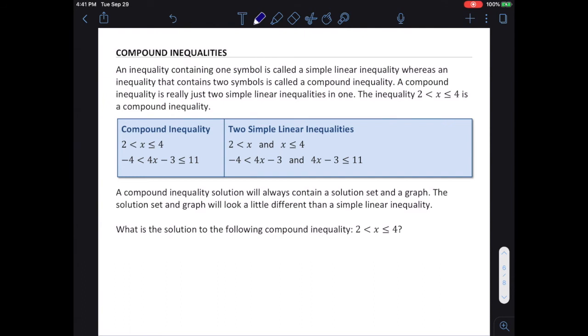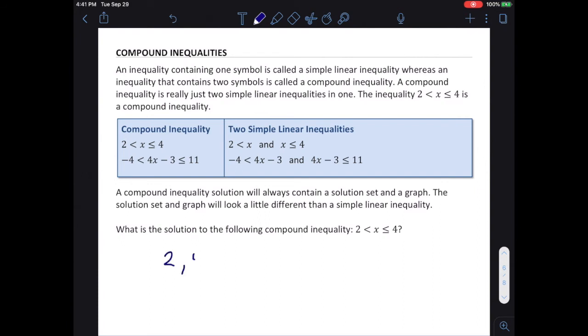So a compound inequality solution will always contain a solution set in a graph, just like regular linear inequalities. And the solution set in graph will look a little different than a simple linear inequality. So it says, what is the solution to the following compound inequality? So to give you an example, if we have a compound inequality that looks like this, our interval is going to contain the two numbers that are on either side.